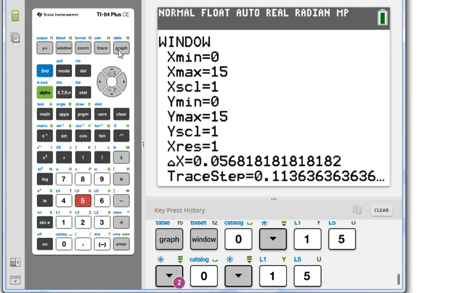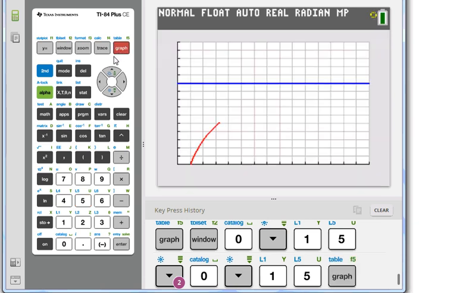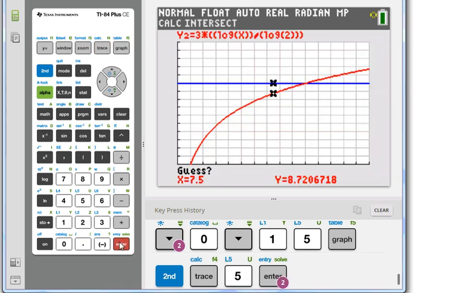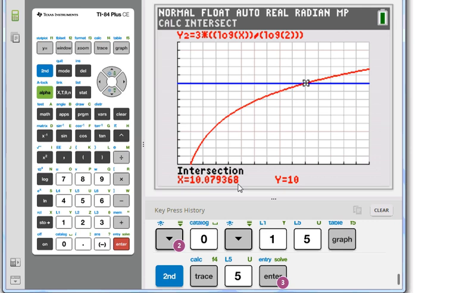I think we should see an intersection point here. And yes, we have it. So we press the sequence here, second, trace, 5, enter, enter, enter. So we get x is equal to 10.079368. So we're going to say x is approximately equal to 10.079.